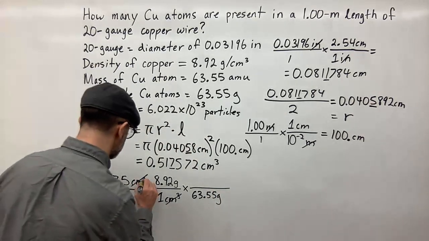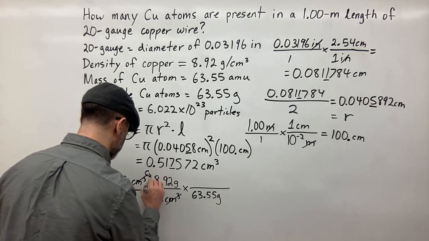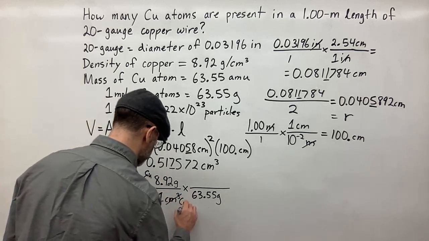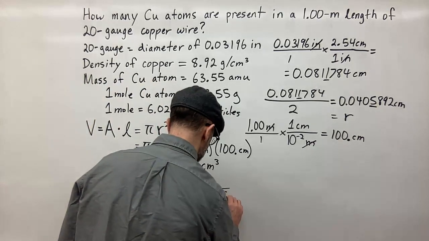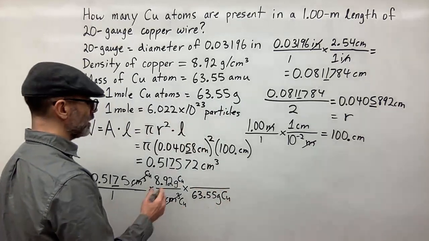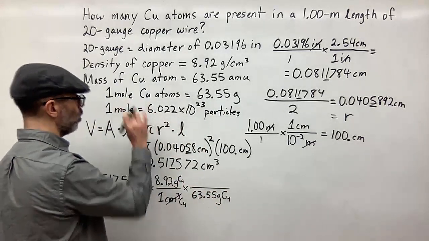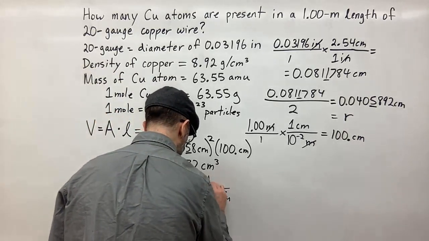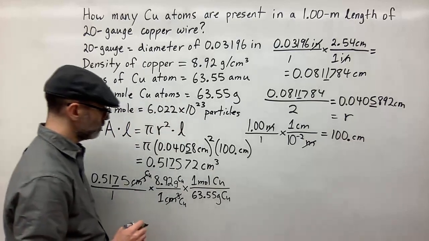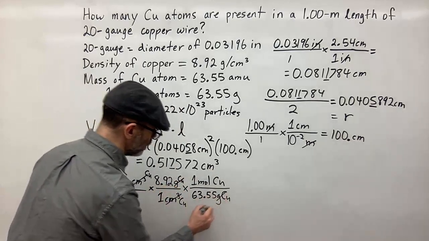And just to be clear, we're talking about copper, so I'll put copper here and copper here, so we're clear on what substance we're talking about. So we got grams of copper, and that's going to be equal to 1 mole of copper atoms. So 1 mole of copper. So grams of copper cancel out.